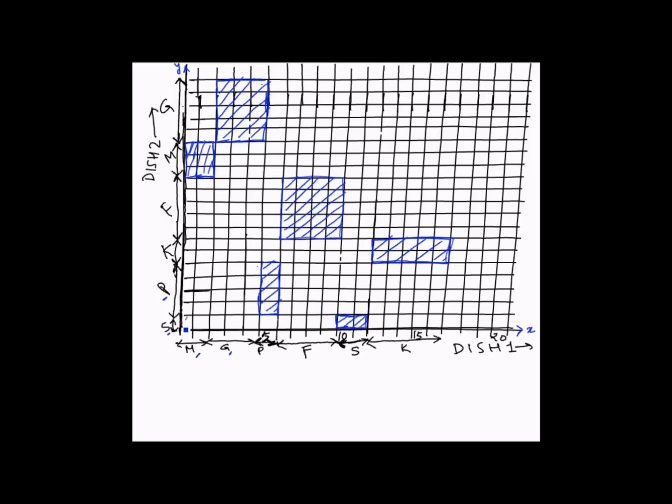A vertical movement means dish 2 is being prepared while dish 1 is waiting. We have to always try to use the 45-degree line as much as possible, as it results in the simultaneous preparation of the two dishes, saving on overall time.